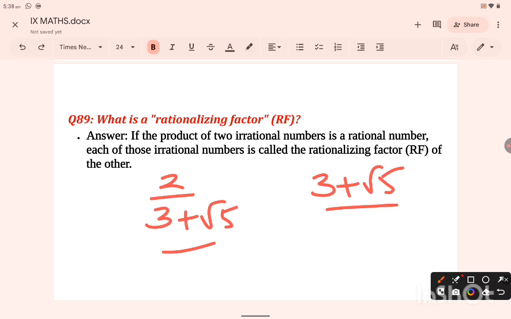To make 3 plus root 5 rational, rationalizing factor means which number we can multiply to get a rational. Which number we can multiply to 3 plus root 5 to get a rational is known as the rationalizing factor.